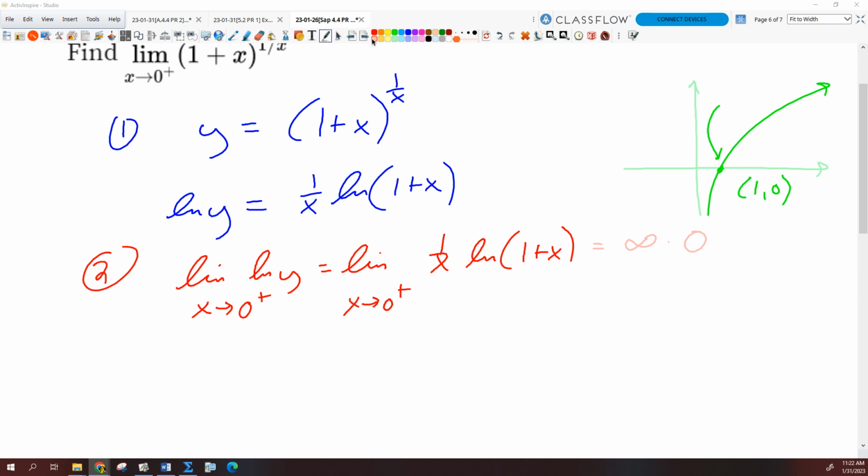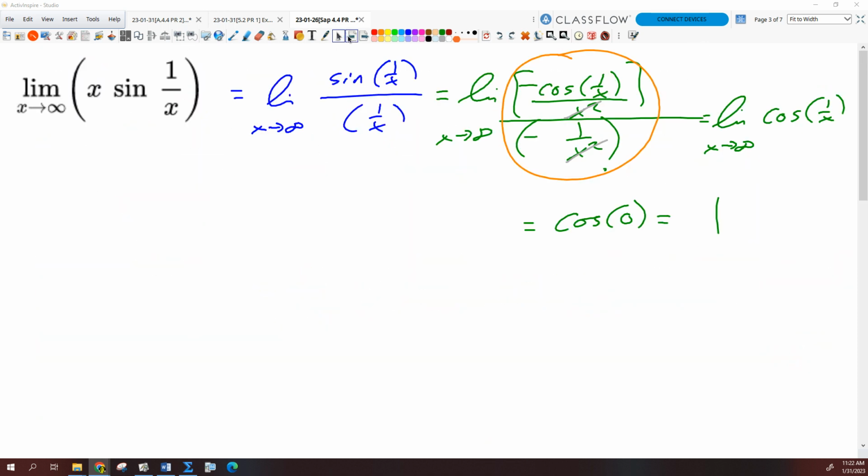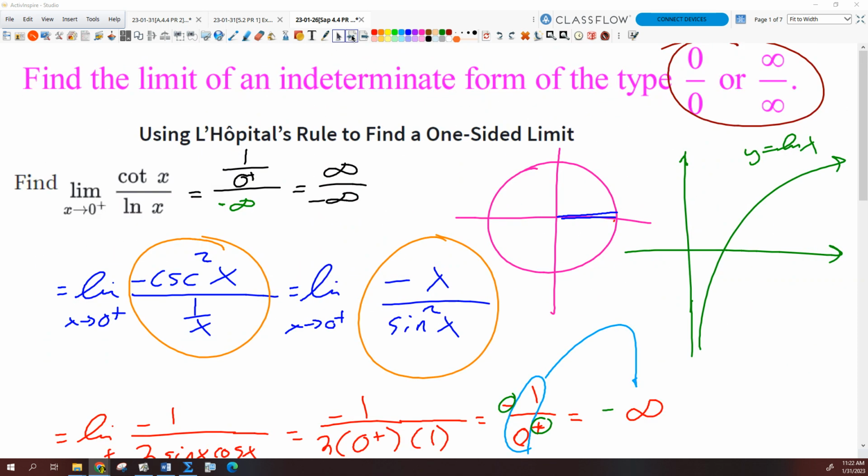Okay, we got to write it as a fraction, right? We got to write it as a fraction where it's going to be an indeterminate fraction, either infinity over infinity or 0 over 0, whichever one seems to be the most convenient. Both of those, though, are the cases where we can use L'Hopital's rule, right? If we go back, and let's just do a 10-second review here, all the way to L'Hopital's rule, I guess that's where we stopped the other day, but this is a good example, right?